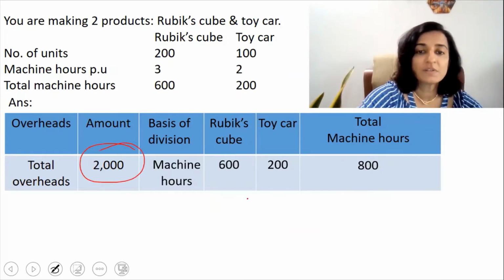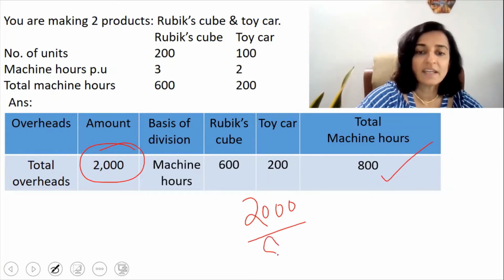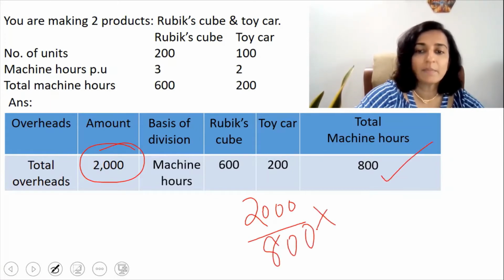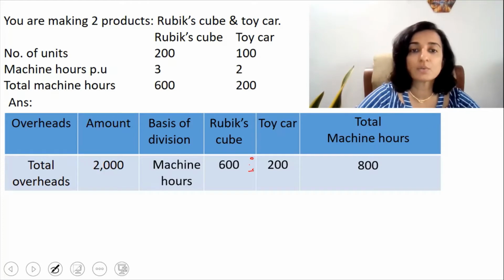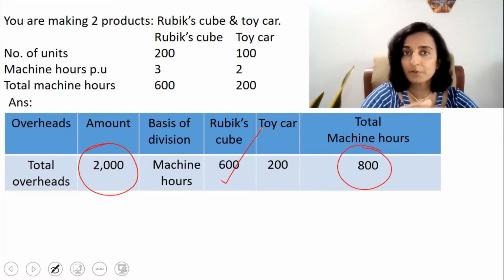It is $2,000 divided by the total machine hours, that is 800, multiplied by 200, correct? So that is how you divide it in the ratio of 600 is to 200. So we will do the first step, that is $2,000 divided by 800. Okay, and then we will multiply with 600 for the Rubik's Cube and 200 for the toy car.